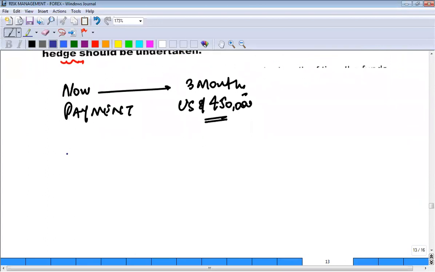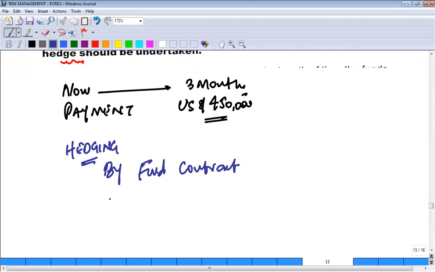And we need to make some hedging arrangement. Number one, buy forward contract, and now buy money market hedging.